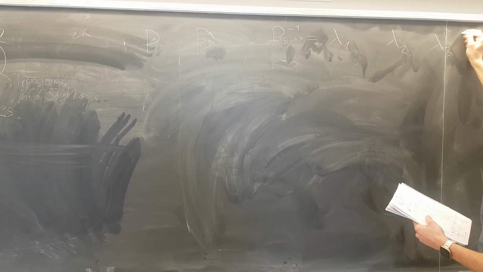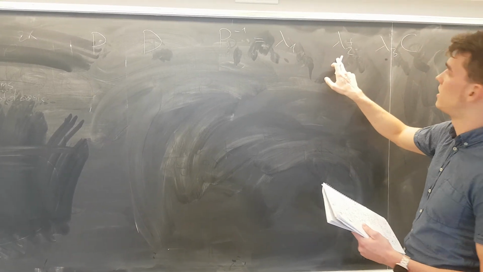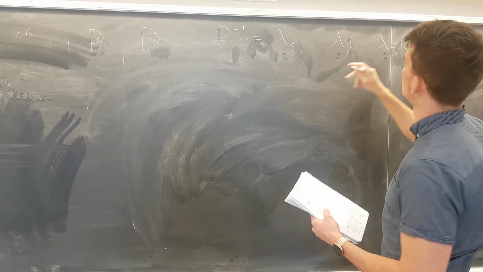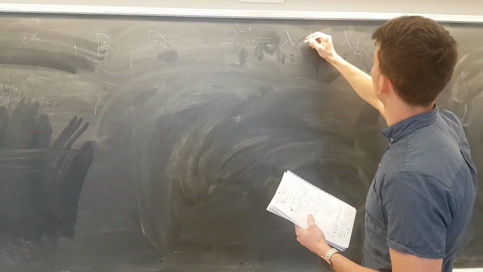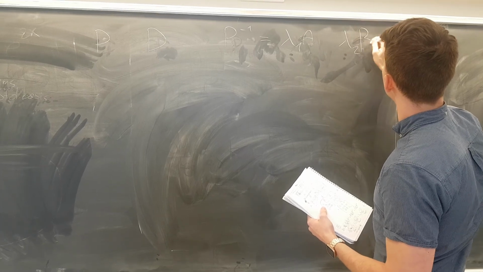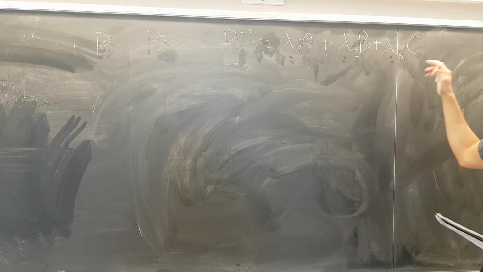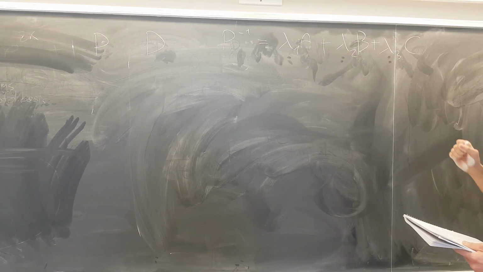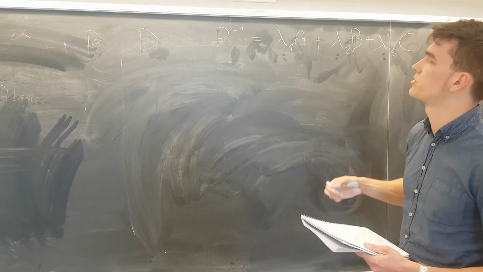Something like that could tell us, well, this happened by lambda 3, this happened by lambda 2. So we want to somehow decompose it. So we have maybe a component A, a component B, and a component C, and they all get transformed by these eigenvalues. And what we're talking about here is decomposition.